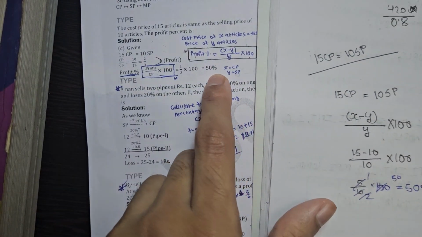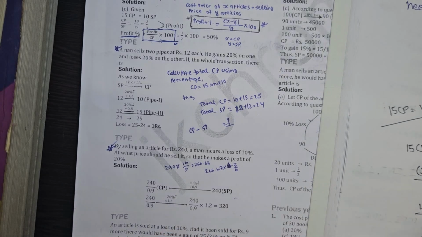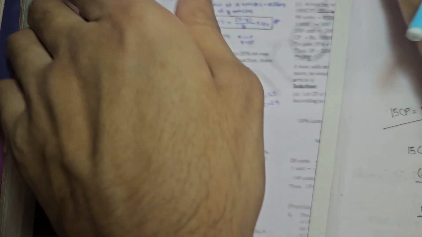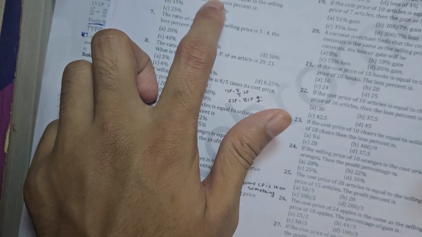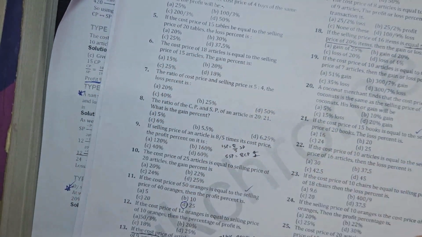So the profit percentage is 50, and it follows for every problem of this type that we will see further. For example, the cost price of 18 articles equals the selling price of 15 articles.